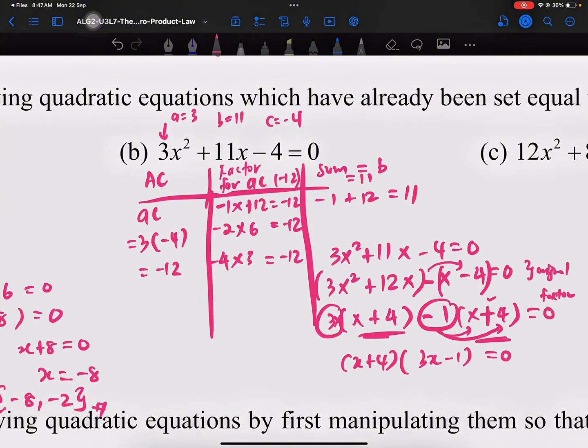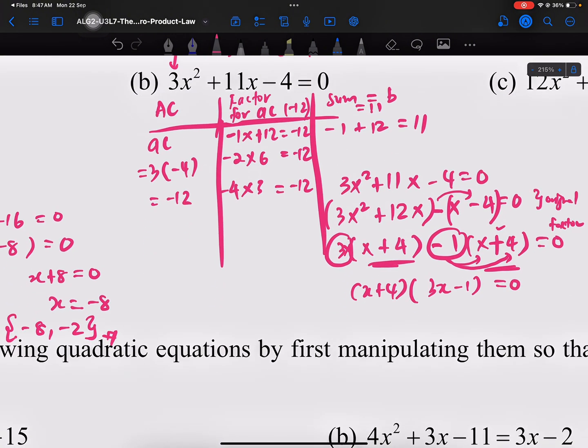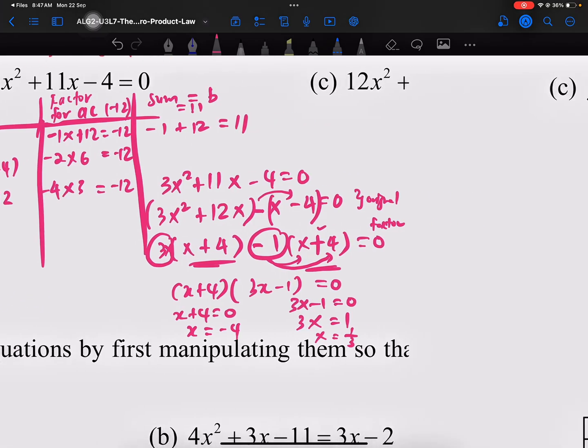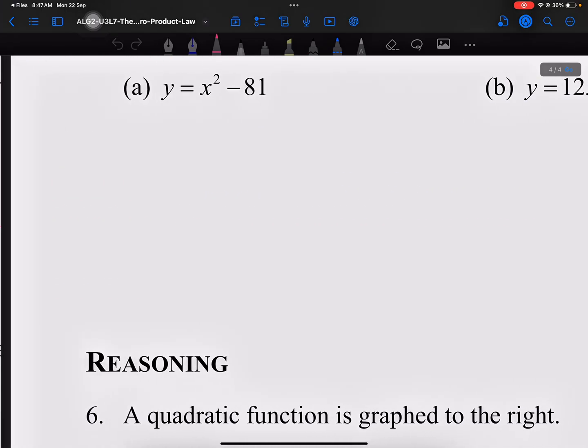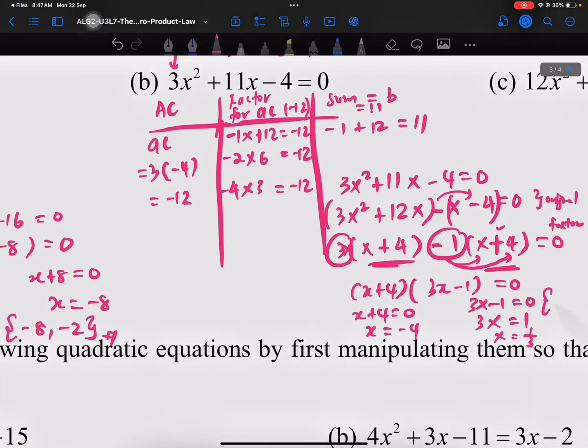And then remember that you need to split the bracket, use the zero product. So x is minus 4, 3x minus 1 equals 0, x is 1 over 3. So now I have two numbers put inside the curly bracket, which are negative 4 and 1 over 3.